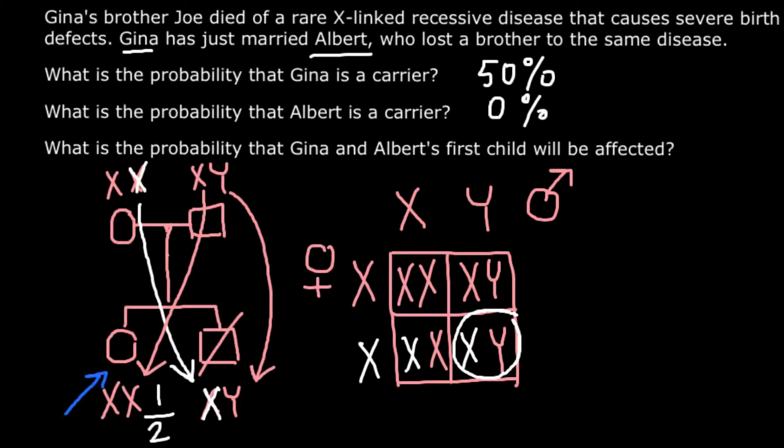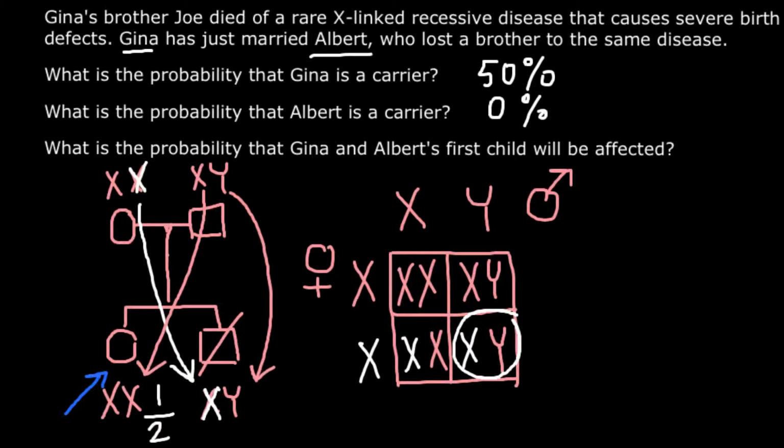Or, in other words, we can say that chances for female children would be 0% to express this genetic disorder, and as for the males, 50% of the males would express this genetic disorder.